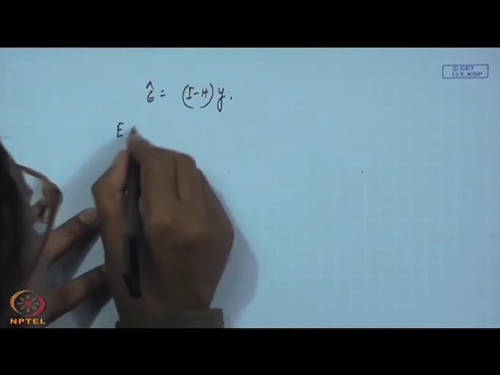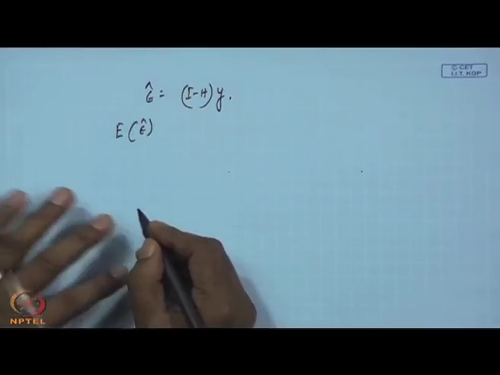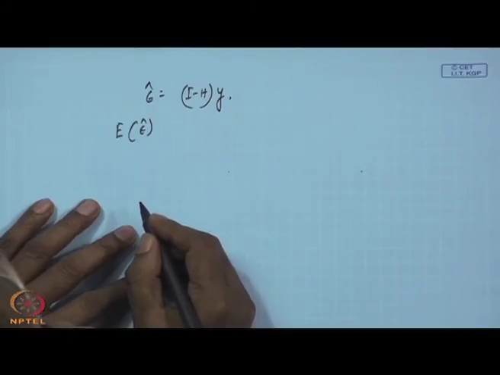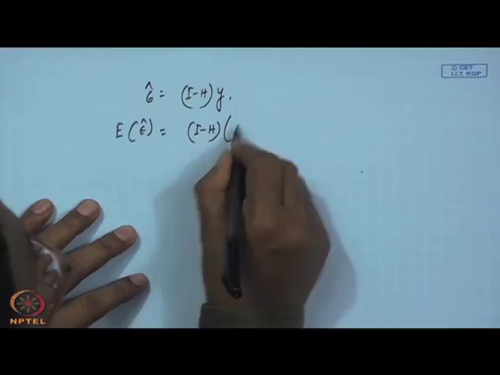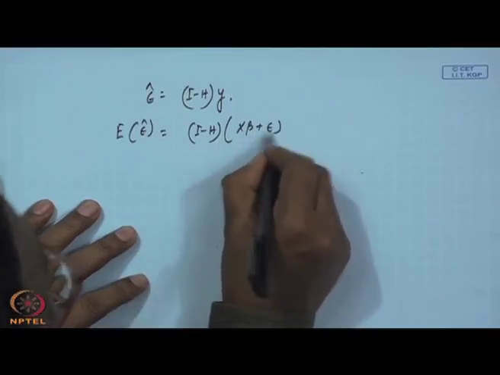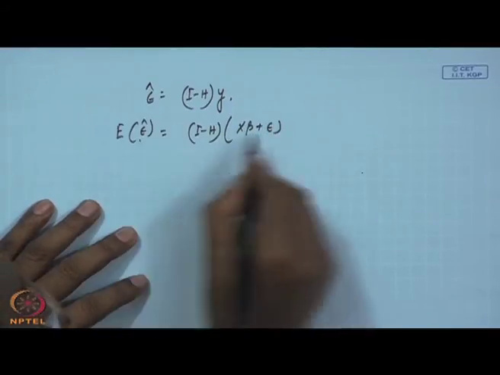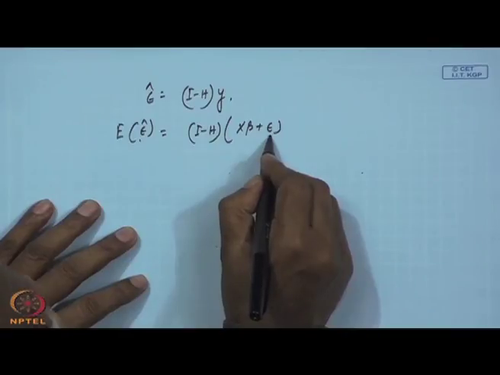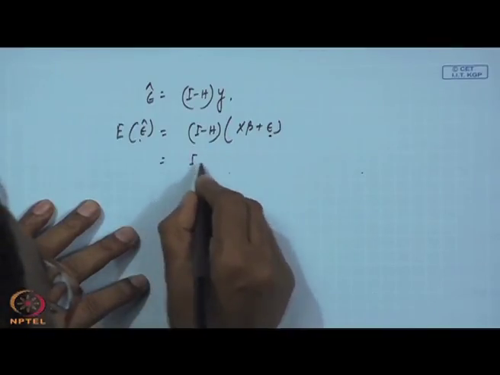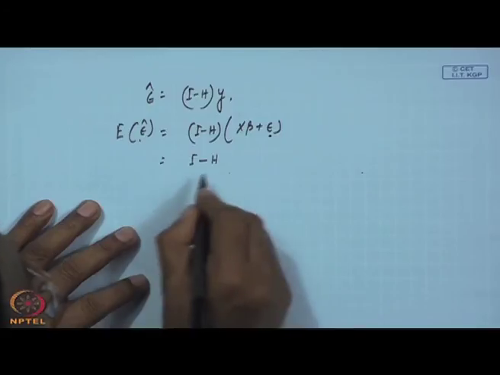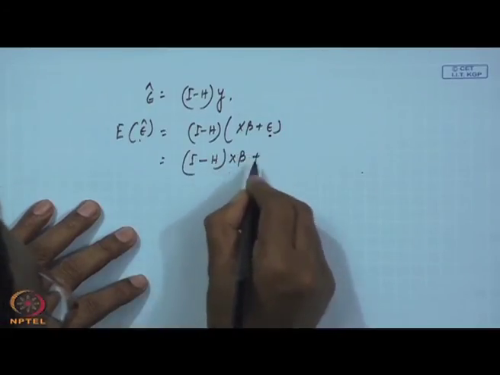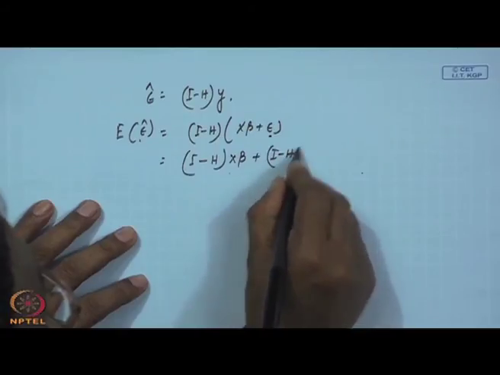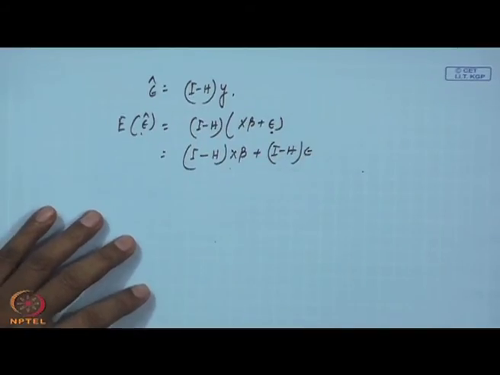Now, what will be the expected value of this? Then I minus H, I will write again x beta plus epsilon here. See, this cap and this are not the same. So, you can write this as I minus H x beta plus I minus H epsilon.